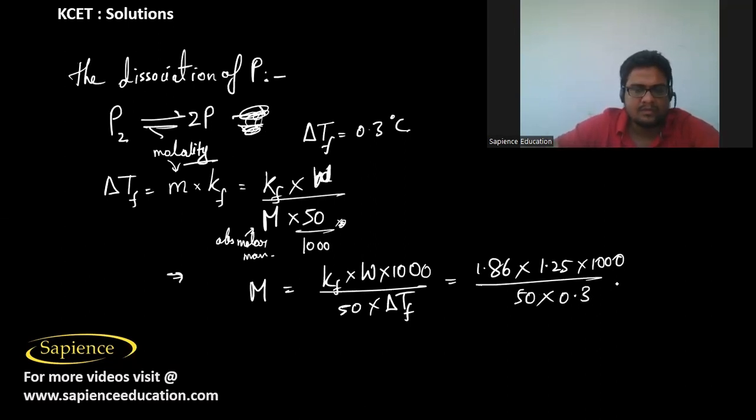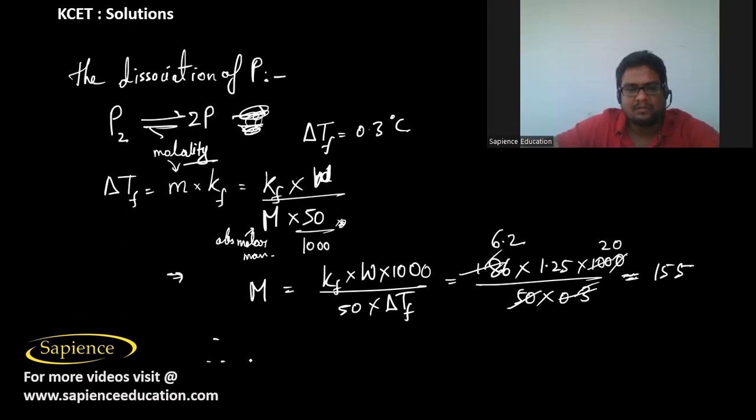So if we solve it, then we will get approximately 155. This we can also cancel. So 3 6 is 18, 3 2 is 6, 155 only we will get.